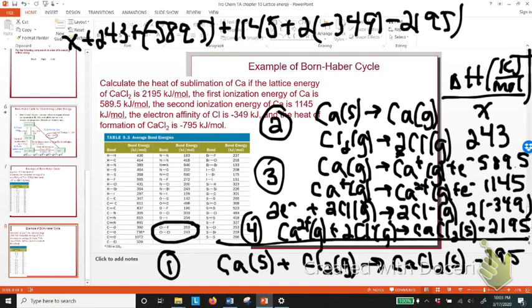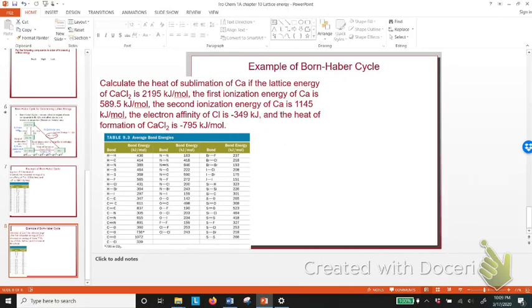Now don't forget, we need to include units. So you're going to set all of that... Oh, okay. I lost that. Again, it keeps having trouble with the pen. But you set all of that equal to the heat of formation value and then solve for x.